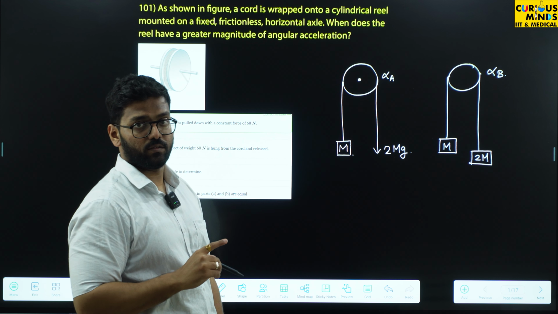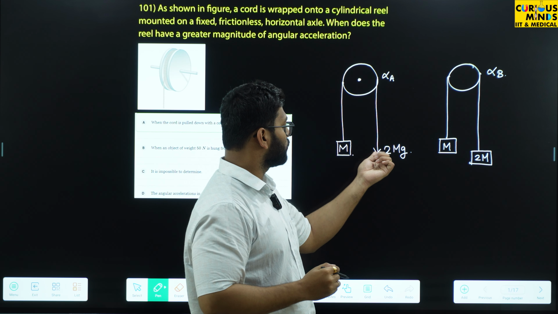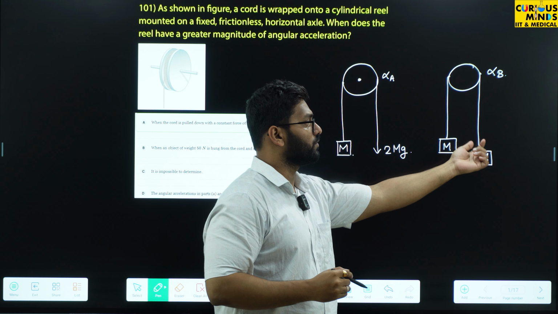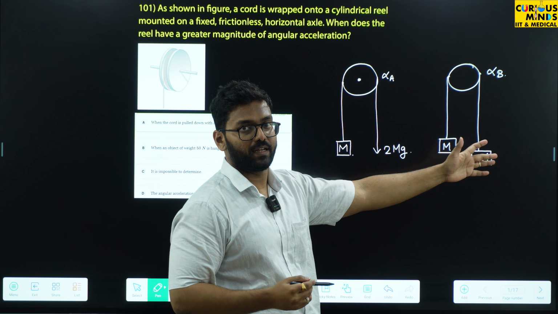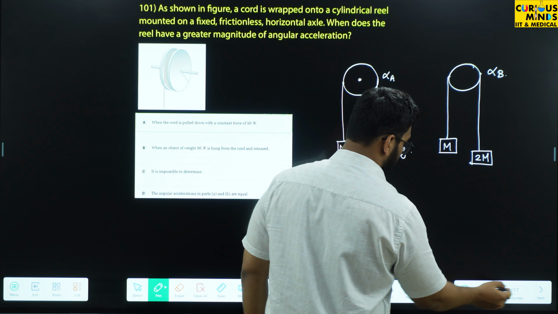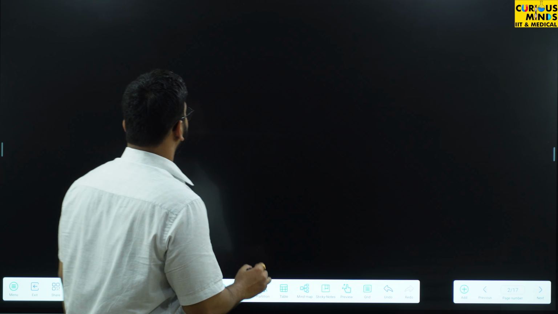Or are both of them equal? It seems like both of them must be equal, because 2mg is the force with which you are pulling this, and 2mg force also will be there here. You will feel like that. But let's look at the answer. Let's go to the next slide and find out.